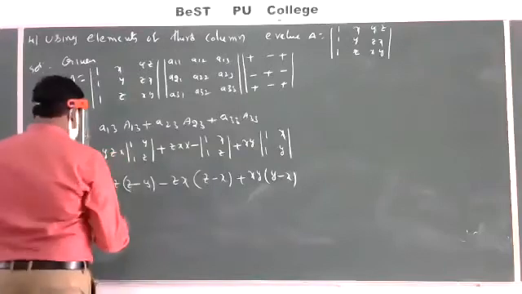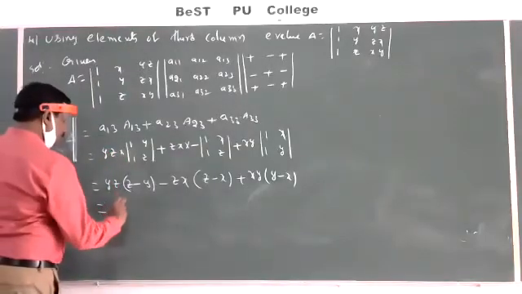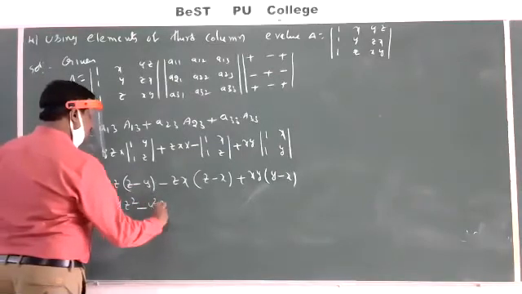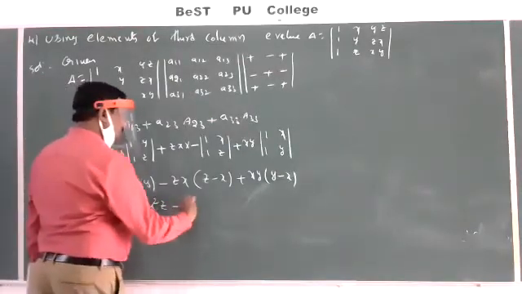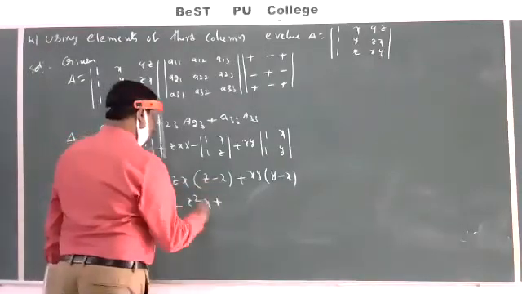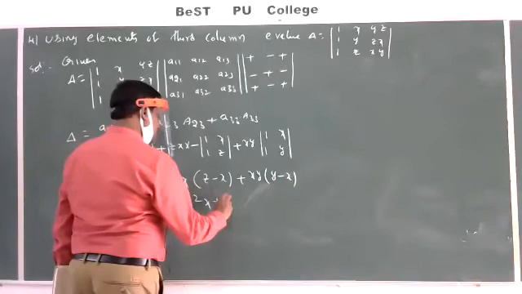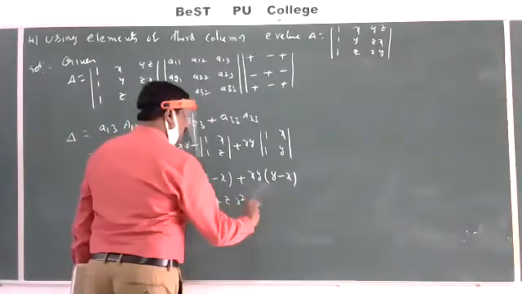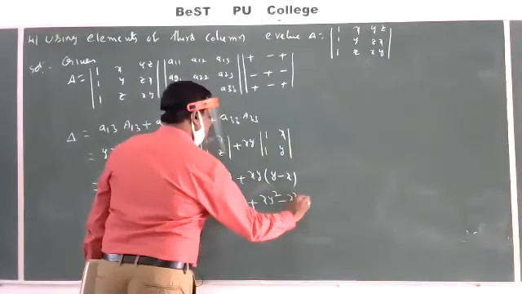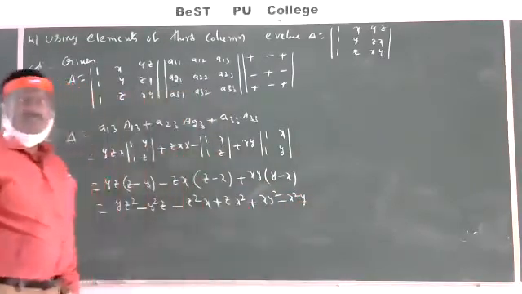Okay, multiply this out. This becomes yz squared minus y squared z minus z squared x, minus into minus plus, zx squared, plus xy squared minus x squared y.